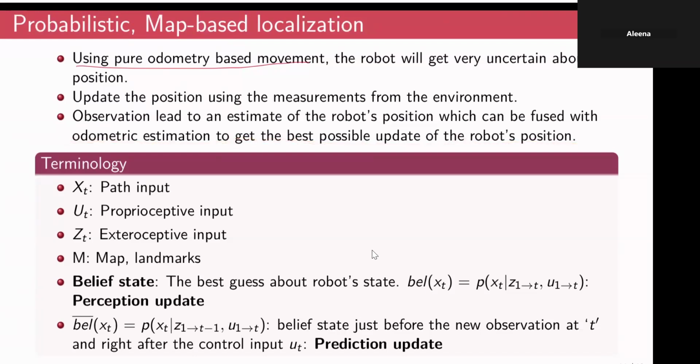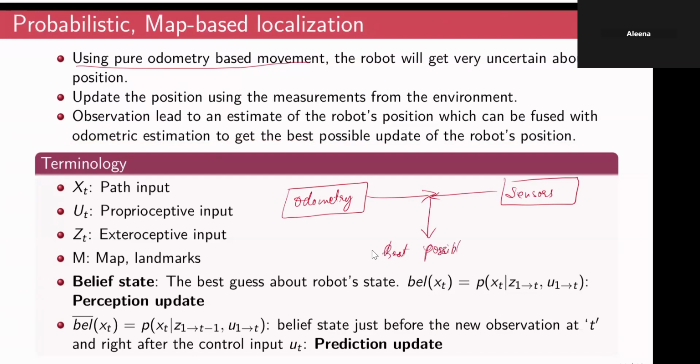So we get information from odometry, right? And then we get information from the sensors. And then we fuse both of this information to get the best possible update about the robot's new position, right?